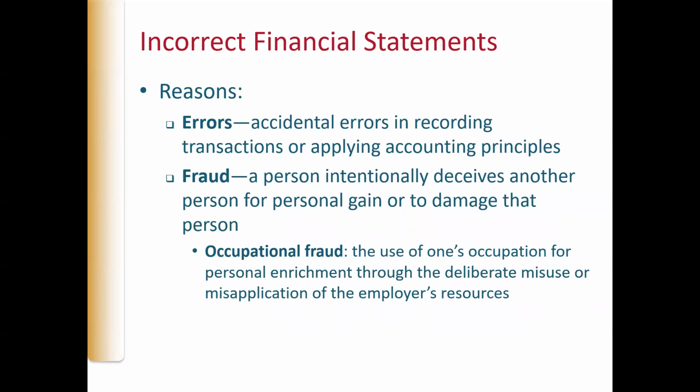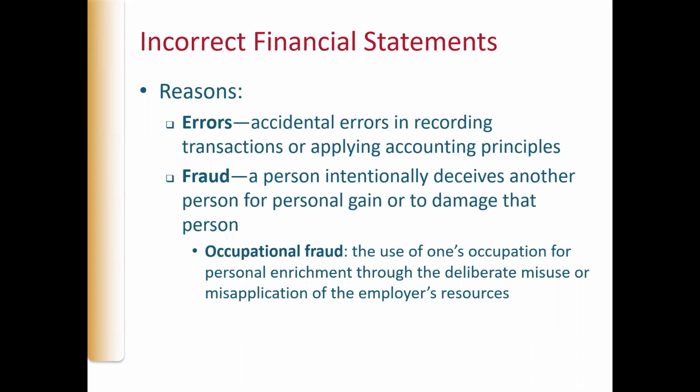So accidental errors are just normal things that can happen when you're human. Accidental errors in recording transactions or in possibly applying accounting principles. Because, you know, we make mistakes, we're all human. And then there are sometimes people that don't know possibly the right way in which to handle a transaction.